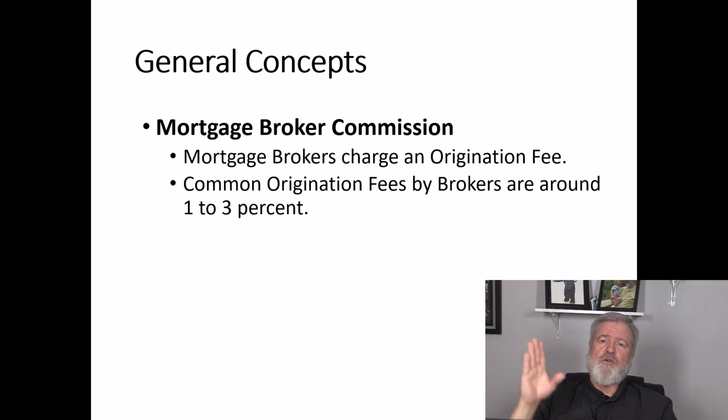Could you just go straight to the lender and get the loan yourself? Absolutely you can. Well, if I don't use a mortgage broker, didn't I just save $6,000 by not having to pay the mortgage broker?